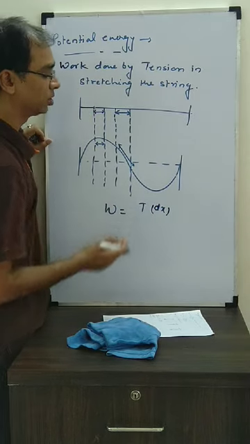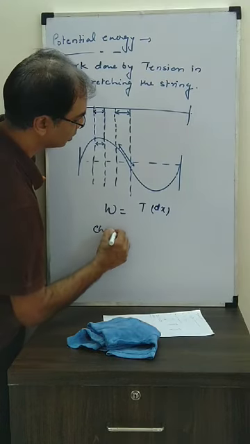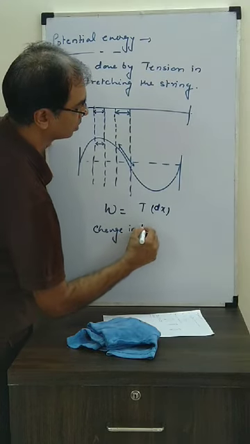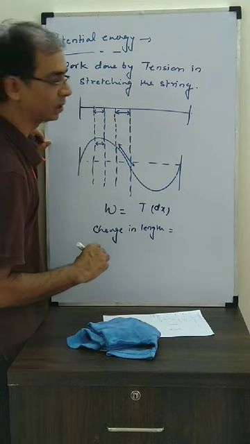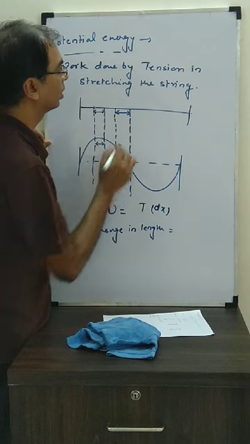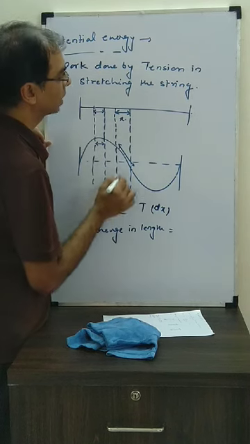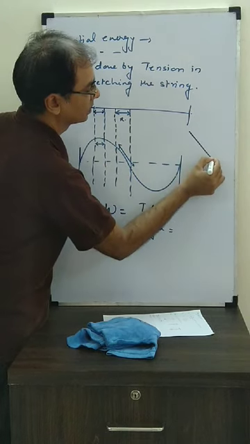Okay, now let's see how much change in length has come. Okay, what is change in length? So we'll say that increase in length minus original length. So suppose that this is the original length, this is x, and if I take this much portion only, it's like this.